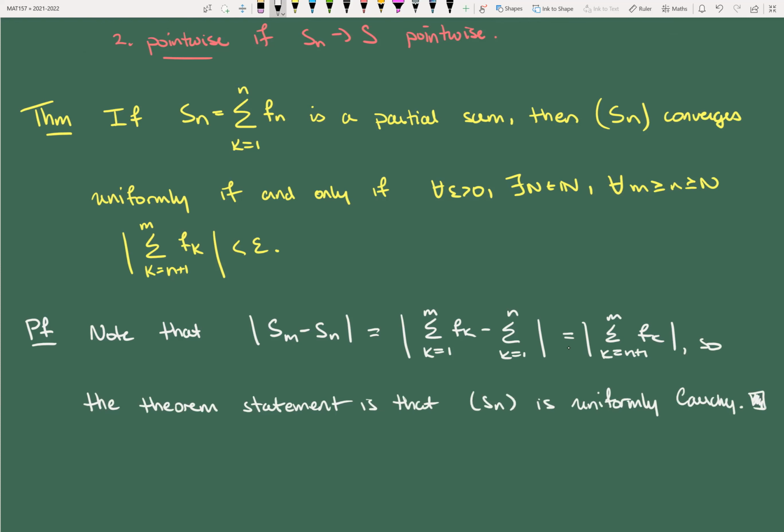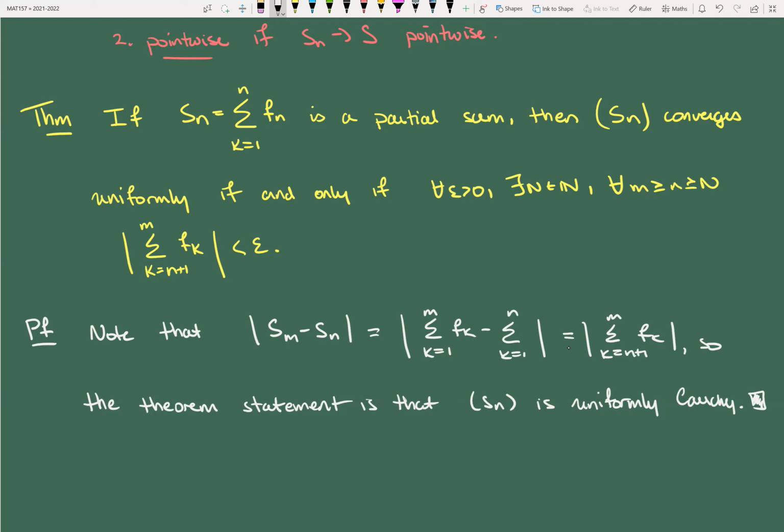Right, so again, we know you're uniformly convergent if and only if you're uniformly Cauchy. This theorem says, hey, your partial sums are uniformly convergent if and only if this thing is true, but that thing is just a rewriting of uniformly Cauchy, right? So again, this is just that theorem rewritten in the language of partial sums. This is the uniformly Cauchy condition for partial sums written down here.